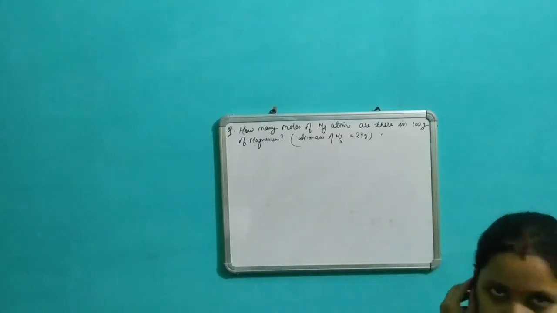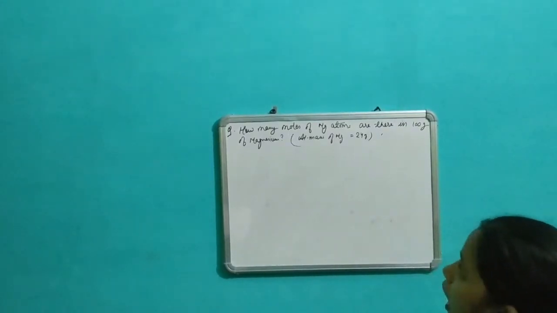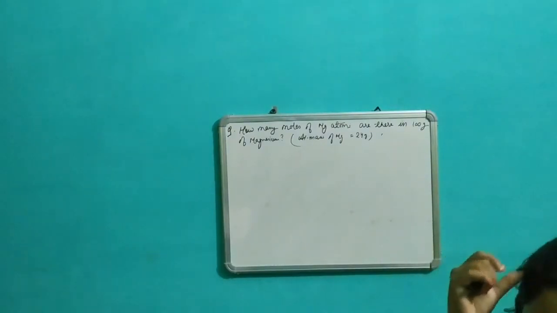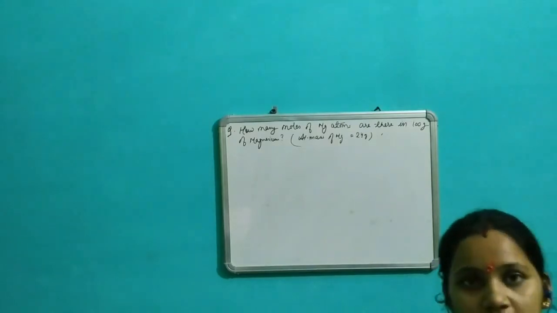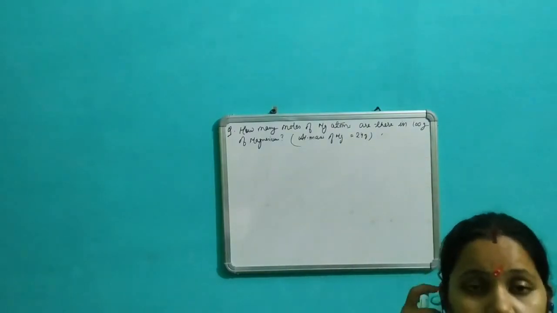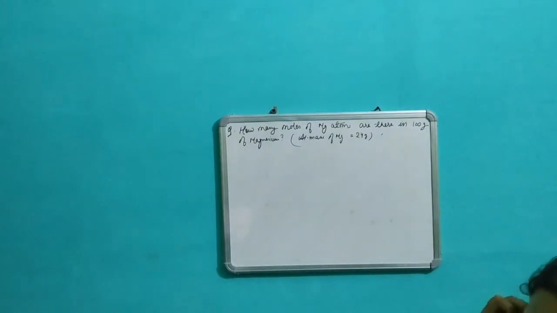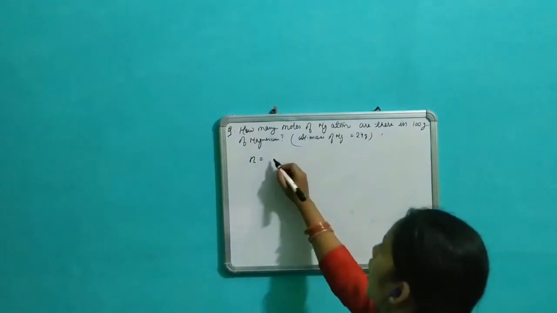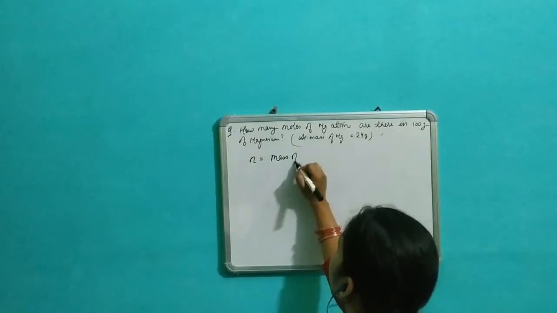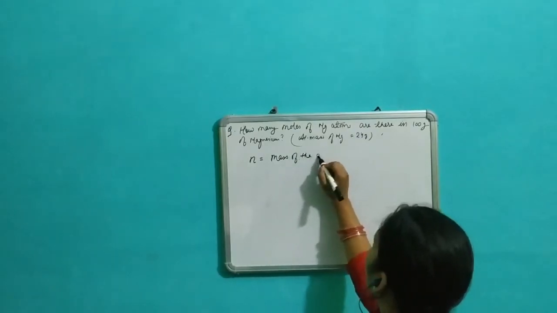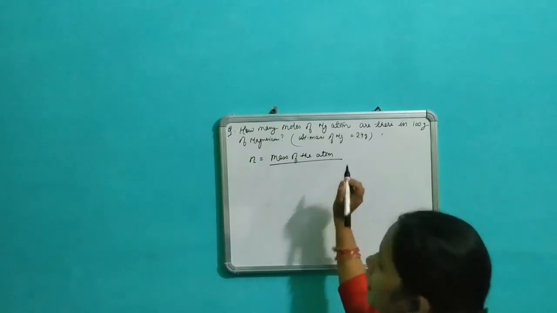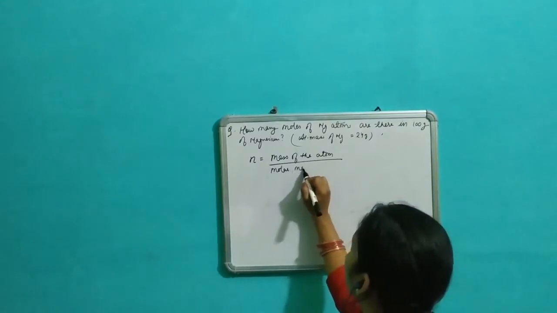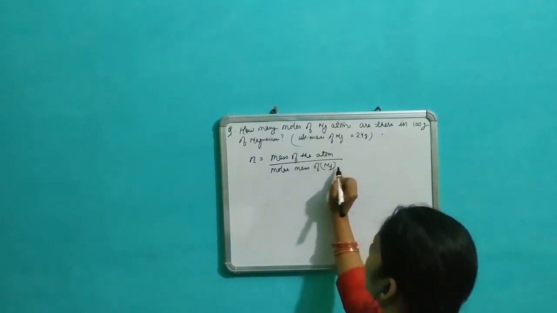So simply, we have to find the number of moles. We have an atom here, so we will apply gram atomic mass. Number of moles will be equal to the given mass of the atom by the atomic mass of the atom, that is the molar mass. In this case, magnesium.